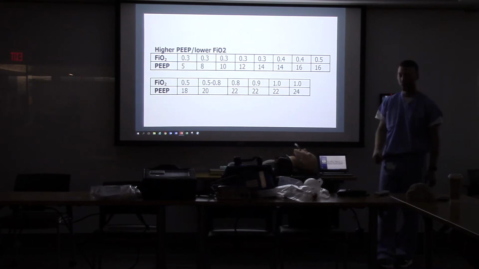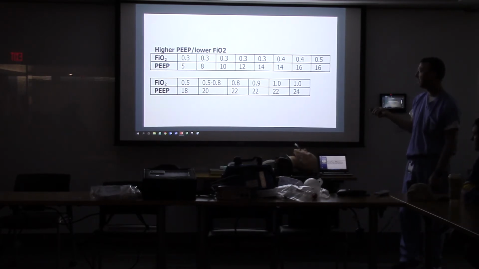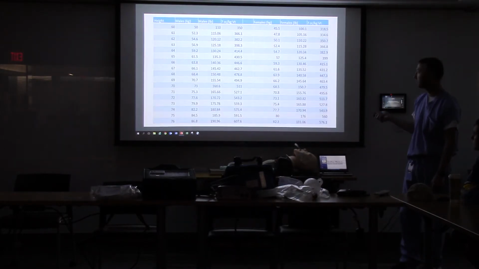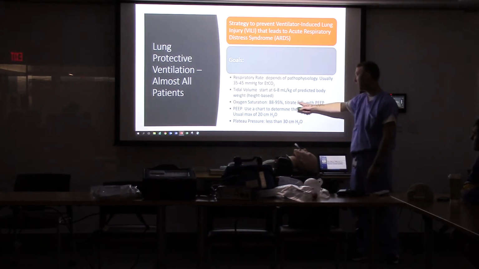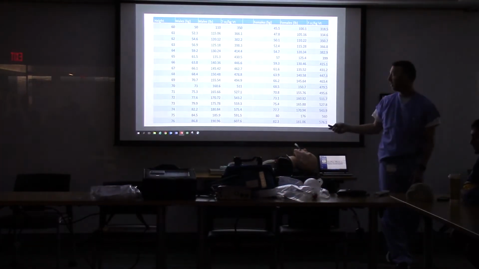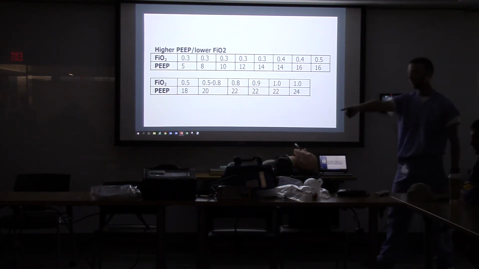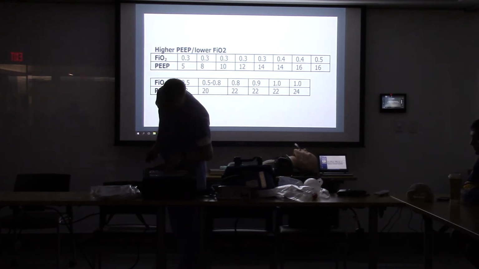And so we want to match our vent settings to a goal right here, 88 to 95%. You do that by titrating both the FiO2 and the PEEP. This vent over here does allow the FiO2 to be changed, right here, the percent oxygen button.